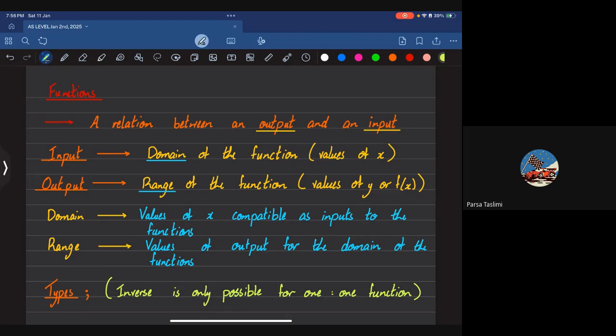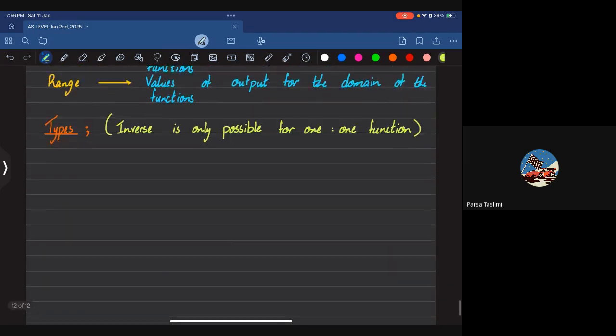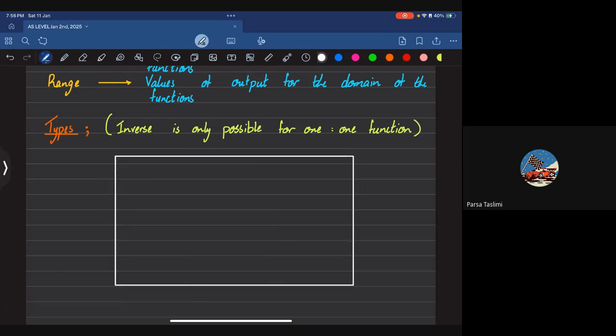That is a relation. Now a function itself is a relation, but it is one type of relation. Usually if I were to explain it, I don't know if you have seen this before. Let's just say that this is a universal set.